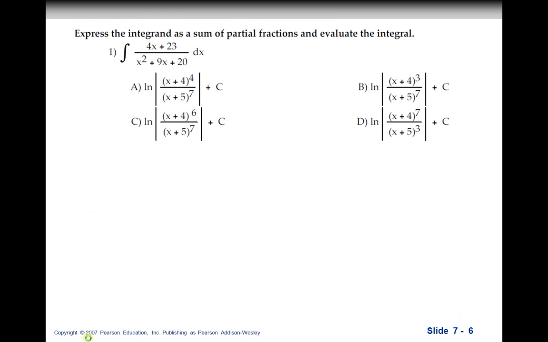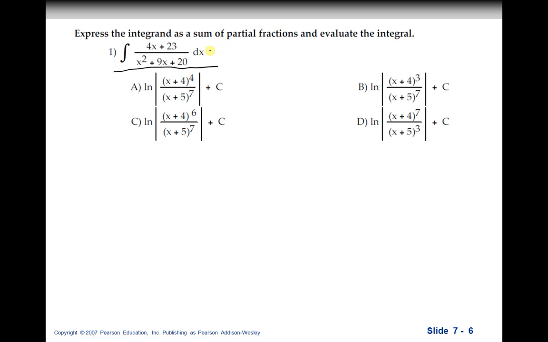Now let's work about 4 problems here. And the first problem is shown here, number 1. We want to find the antiderivative of 4x plus 23 over x squared plus 9x plus 20.